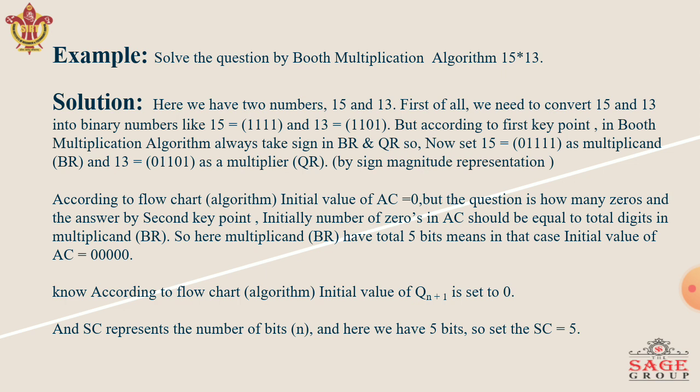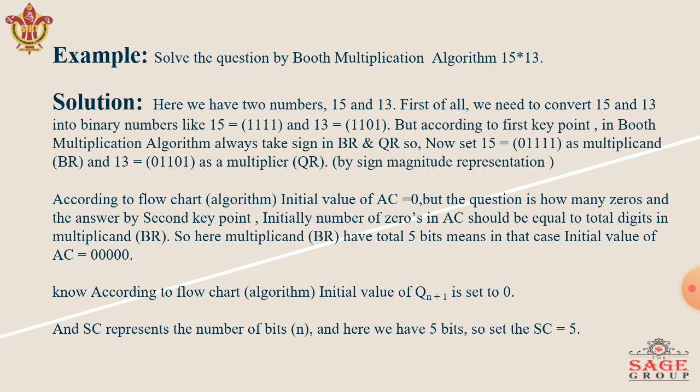But according to the first key point, always take sign in BR and QR. So now set 15 equal to 01111 as multiplicand BR and 13 equal to 01101 as multiplier QR by sign magnitude representation method.